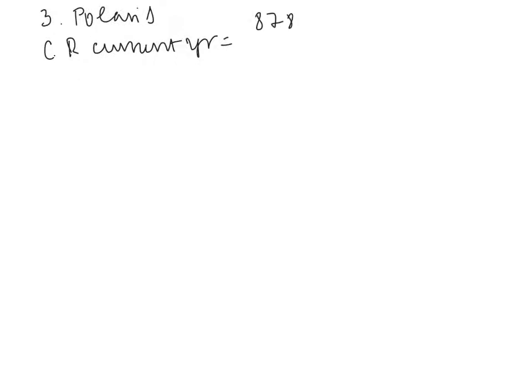So our next step is to determine current ratios for both current and prior years for Polaris and Arctic Cat. So this is step number 3. We're going to start with Polaris. The current ratio for current year for Polaris is determined by taking 878,676 in current assets and dividing it by 615,531 in current liabilities.